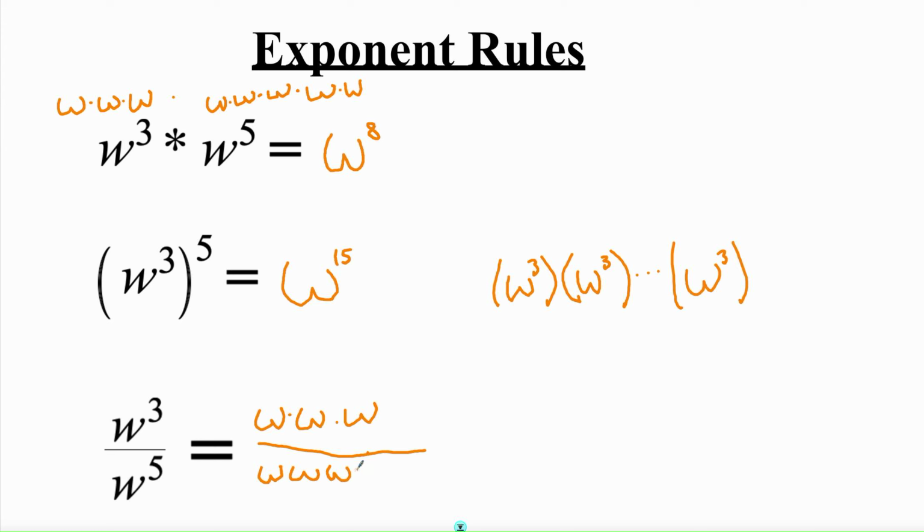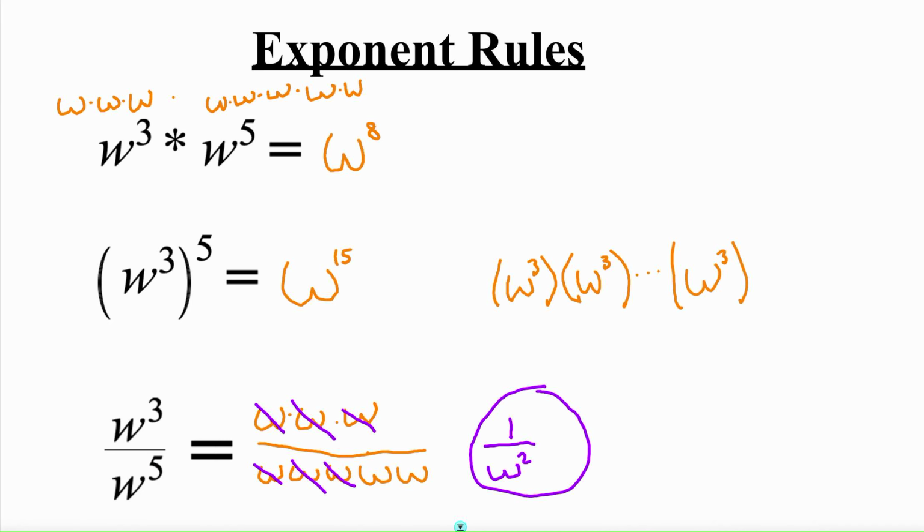So if I were to think about reducing this and simplifying it a little at a time, since it's all multiplication, I'm allowed to say, okay, w over w is 1. w over w is 1. w over w is just 1, so it would cancel. So I can actually just think about it mentally, that you would have w times w in the denominator.